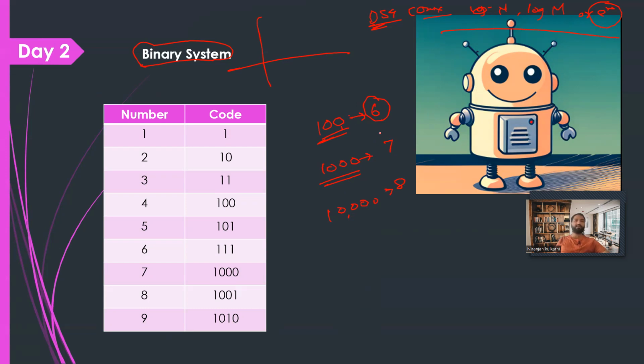Not directly 8, but this is how the increase in the numbers is going to be very low compared to the increase in the digits needed. First I'll divide it by 2, I'll have 500, and I divide it by 2 again.